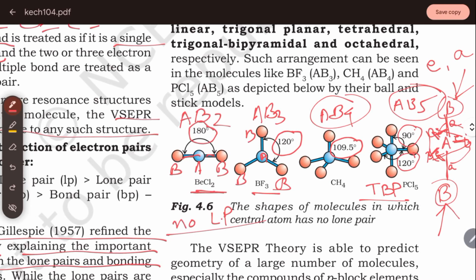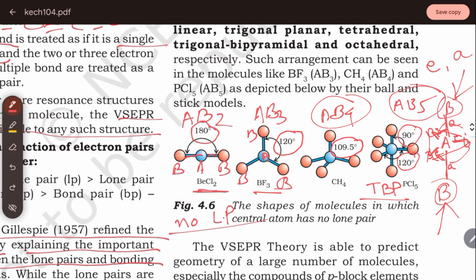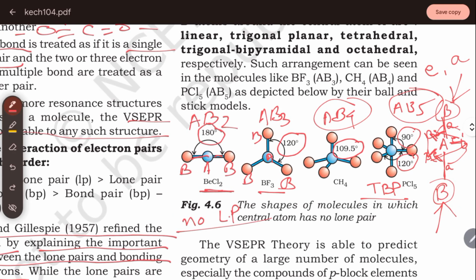The axial bonds are less stable because they experience more repulsive interaction, and just because of that, the axial bonds are longer than the equatorial bonds. Okay, these two important points I have told you.